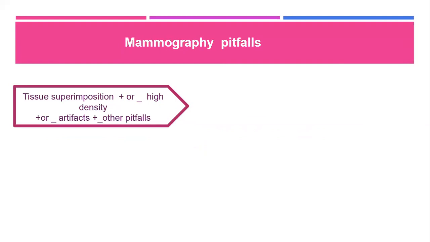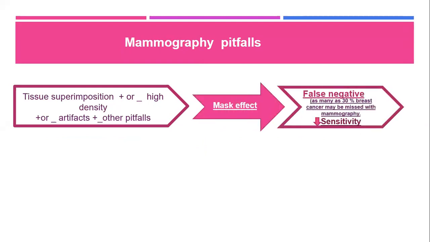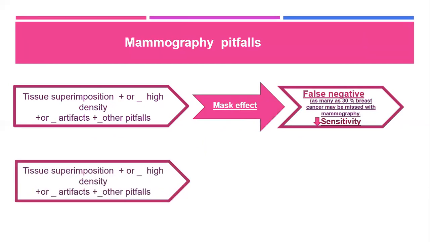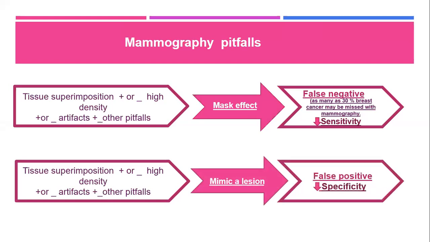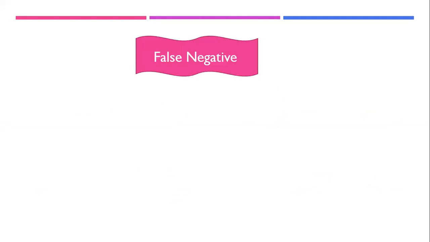Along with high density, artifacts, and other pitfalls, it can mask the underlying lesion, resulting in false negatives, with cancer missed in up to 30%, and therefore decreasing the mammographic sensitivity. The same factors can have a different effect, mimicking cancer lesions and giving a false positive, and therefore decreasing the specificity of the mammography.